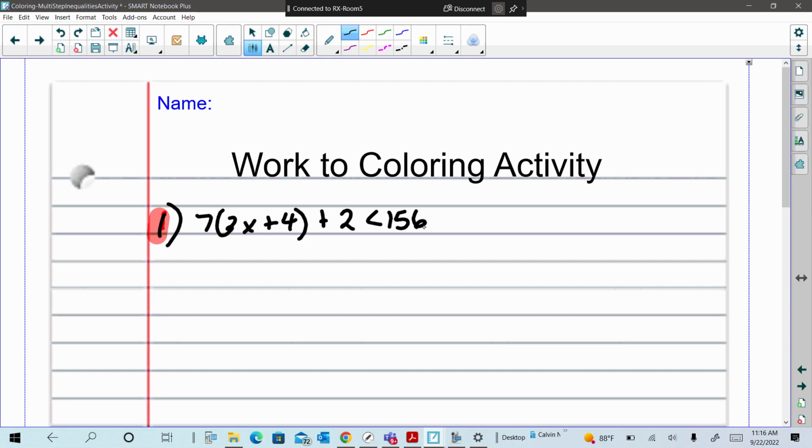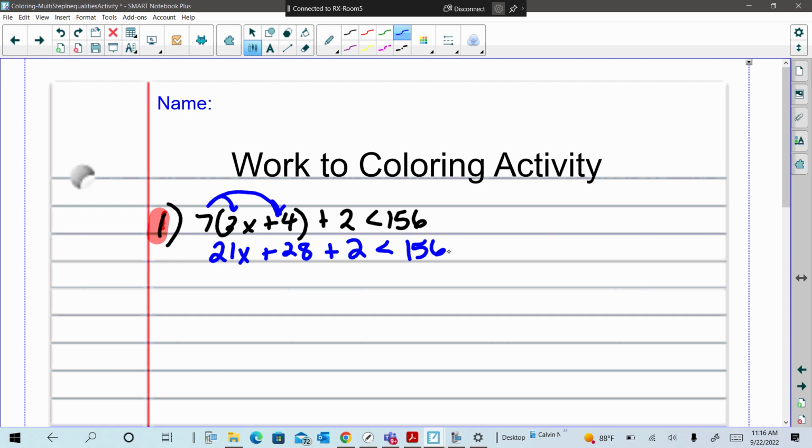All right, so what is our first step here? Yeah, you need to distribute the 7 to each term. So what we need to write is 21x plus 28, then plus 2 is less than or equal to 156.